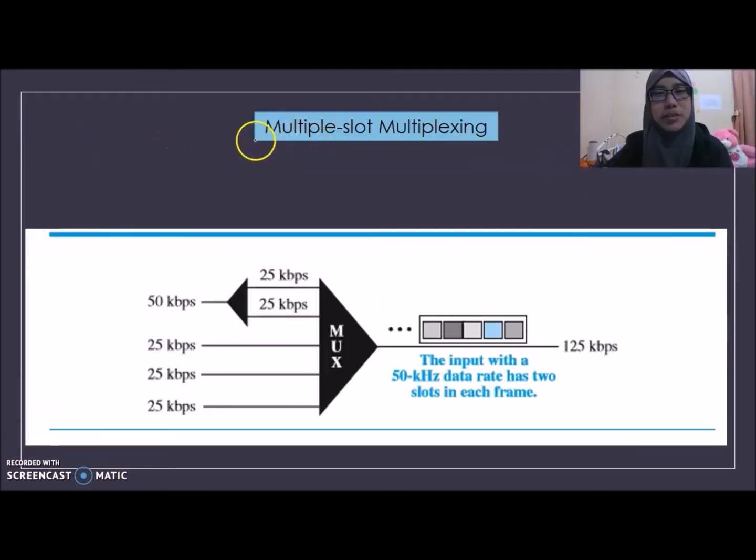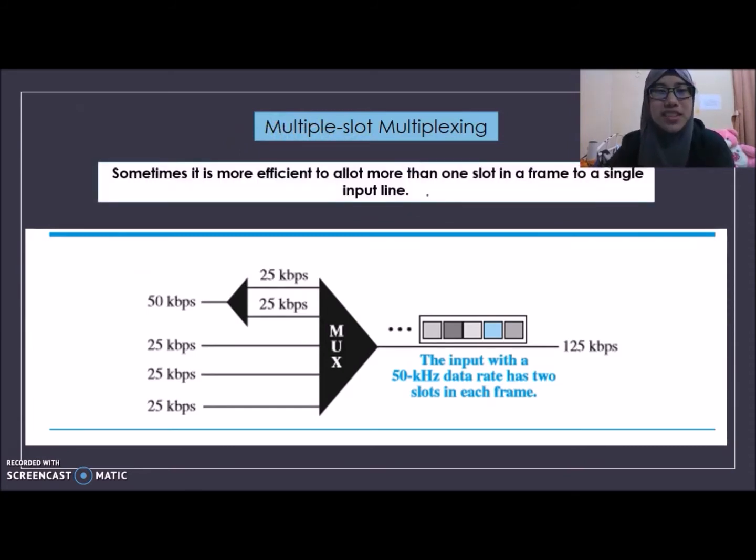Okay, about multiple slot multiplexing. What is multiple slot multiplexing? Sometimes it is more efficient to allocate more than one slot in a frame to a single input line. Why? This is because we might have an input line that has a data rate that is a multiple of another input.